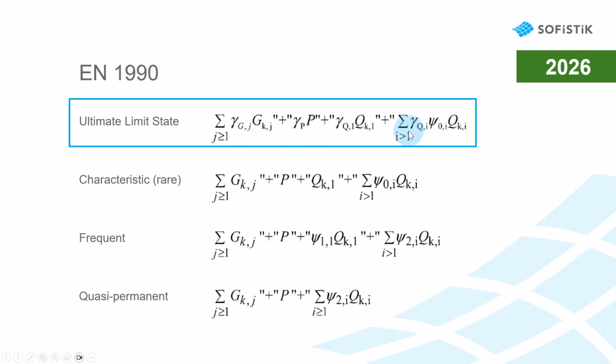This factor depends on whether the effect is favorable or unfavorable, to account for the fact that it is very unlikely that all variable actions act simultaneously with the characteristic value. Only the variable action with the worst effect, called leading action, has to be taken by its full value. The other variable actions can be reduced by combination factors. Okay, how do we set this in the task?